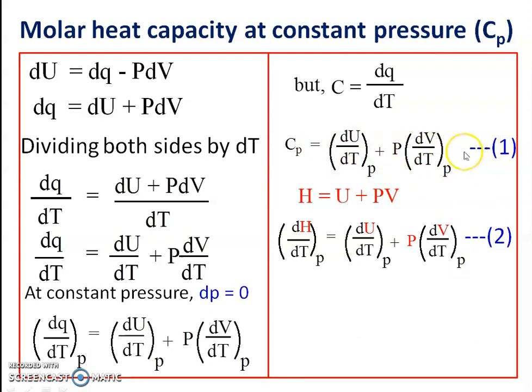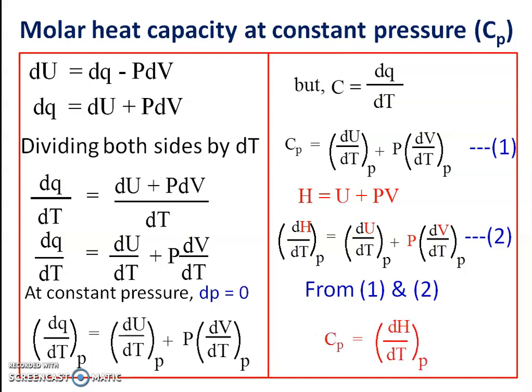Now look at equation number 1 and equation number 2. The right side terms are the same, that is dU/dt plus P into dV/dt. These terms are the same in equation 1 and equation 2, and therefore the two left side terms must be the same. So from equations 1 and 2 we can write Cp is equal to dH/dt at constant pressure.